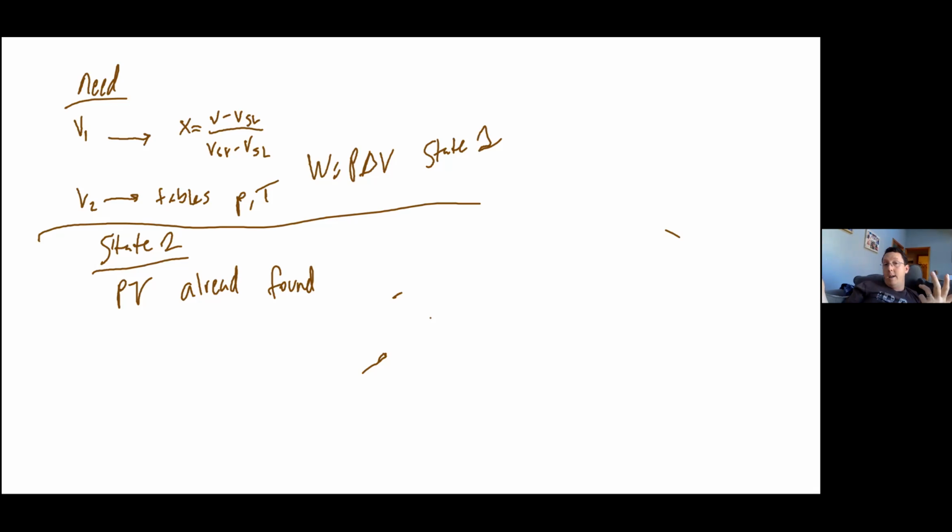The other way is because it is an isobar. The heat for an isobar is delta H. So you could look up delta H and delta U and find the work from those. Wait, how do we know it's an isobar? That's not given. 1 to 2 is isobaric, right?